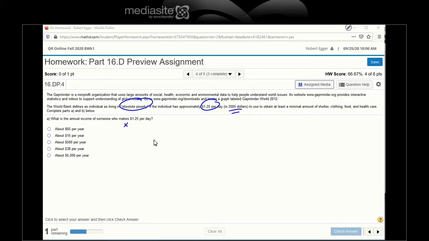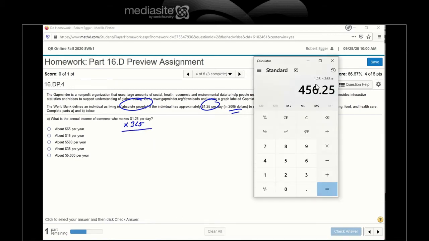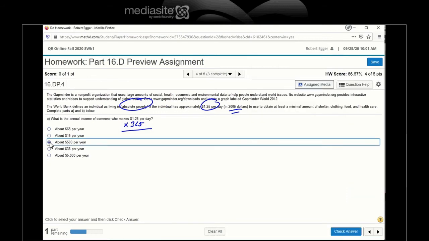If we take that and multiply by the days in a year, we've already done this. $1.25 times 365 gives us a number pushing $500 a year.